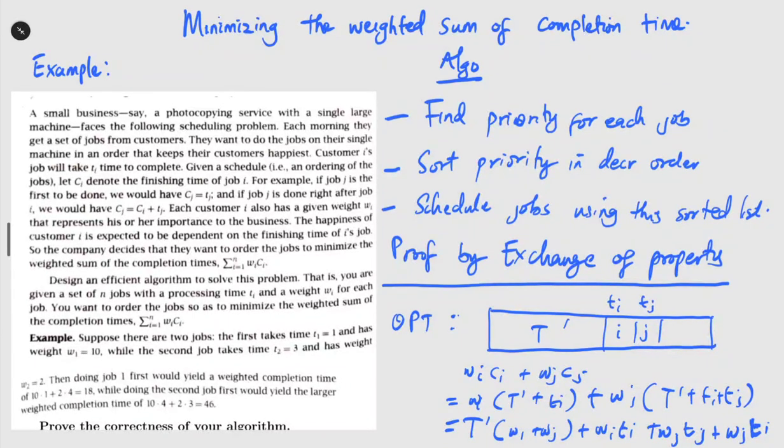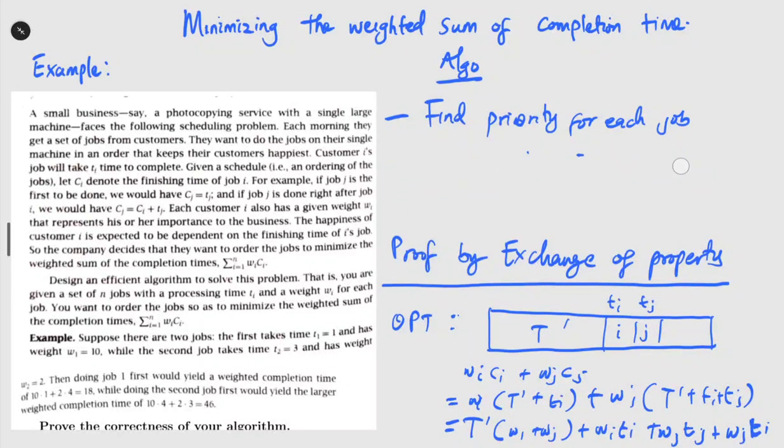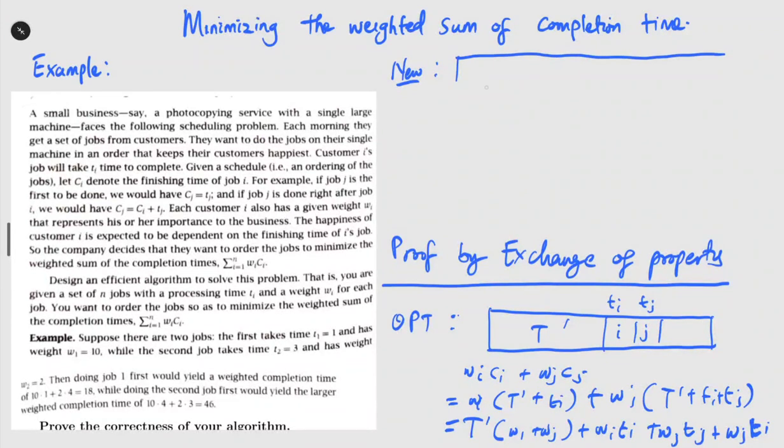Now let's consider another algorithm. Let's wipe the first part. Let's consider a new algorithm where J and I are switched. We have the scheduling: T prime, then we have J, we have I, and the rest.